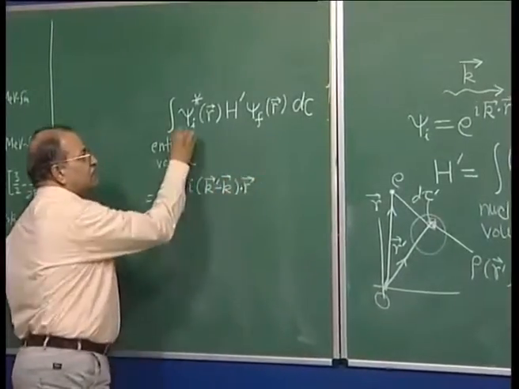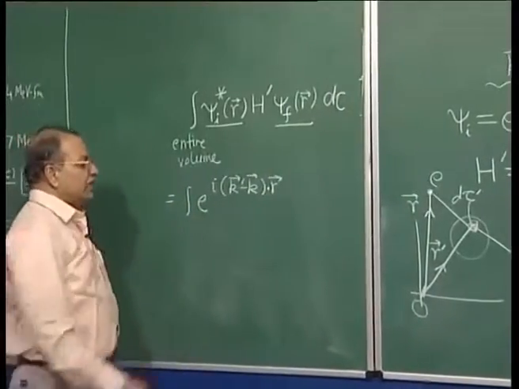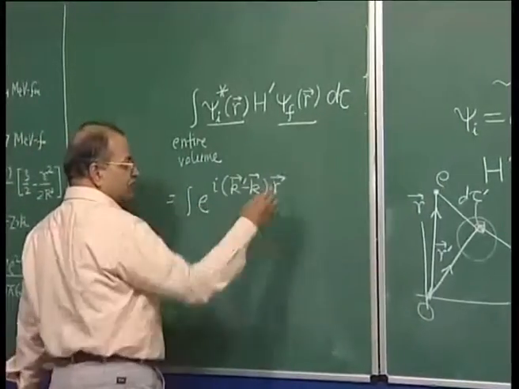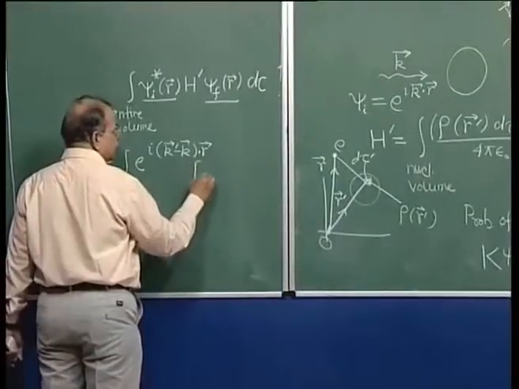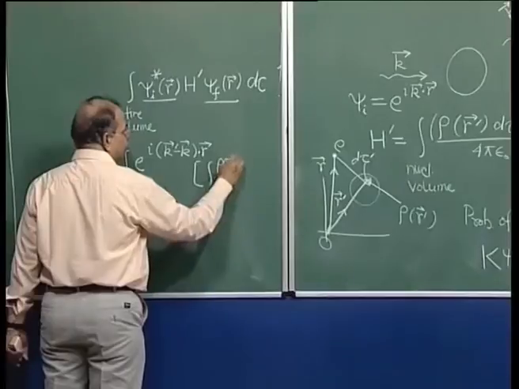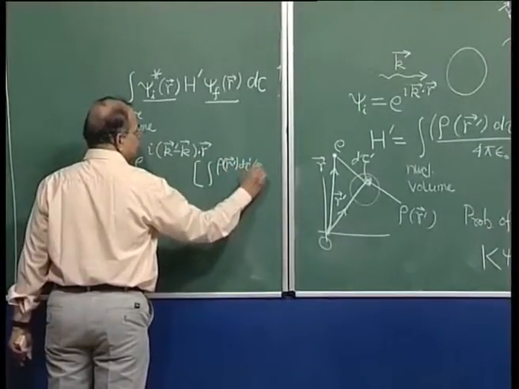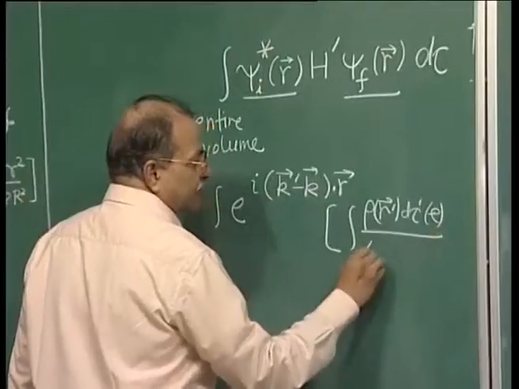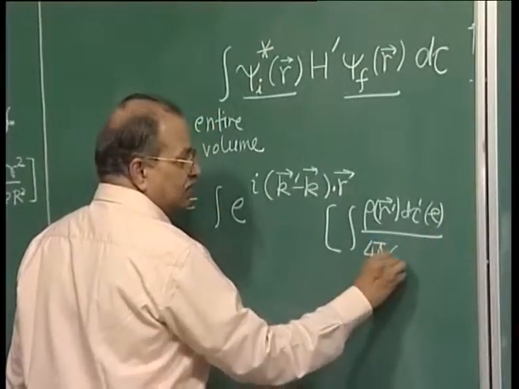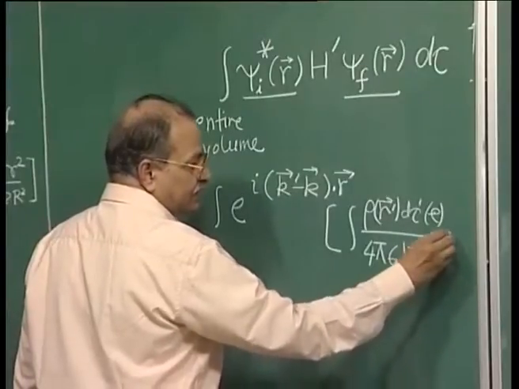So, I have done this part and this part together, and that is multiplied by whatever is written there, this h prime, integration rho r prime d tau prime, then minus e over 4 pi epsilon naught mod r minus r prime, all these things, and that is it.